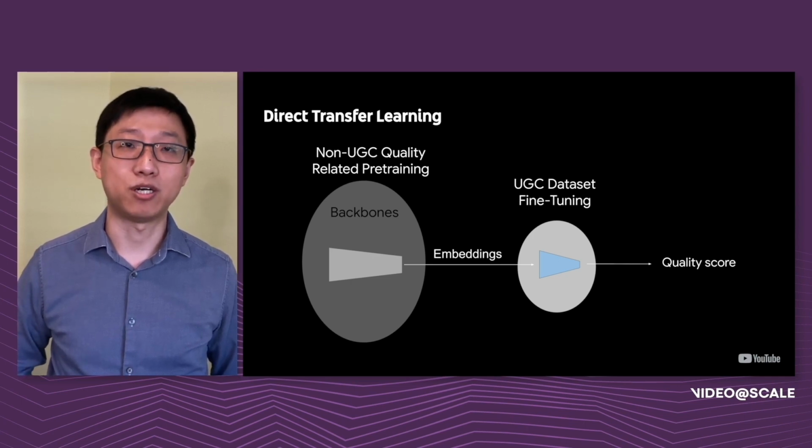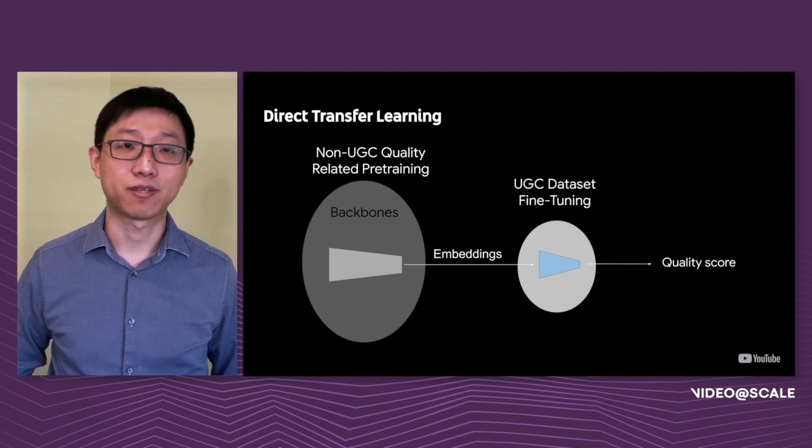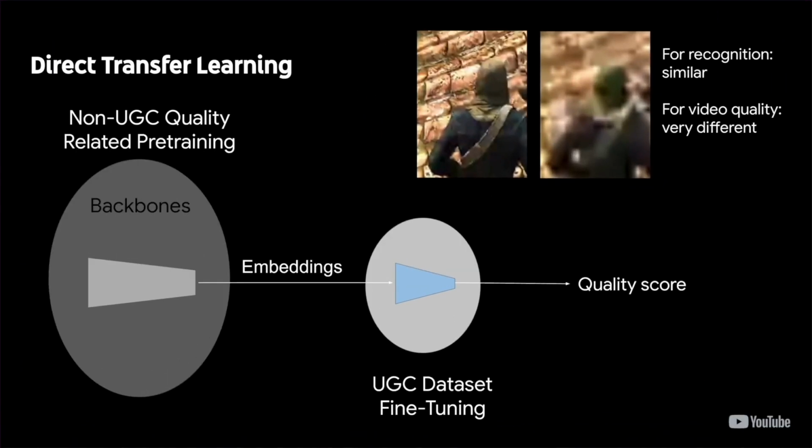However, we think directly using a non-quality related backbone is still not optimal, as not all backbone outputs are equally relevant to the UGC quality. As the example shown here, from an object recognition perspective, there is a human in both images. So a backbone model pre-trained on an object recognition dataset tends to be less sensitive to the difference between those two images.